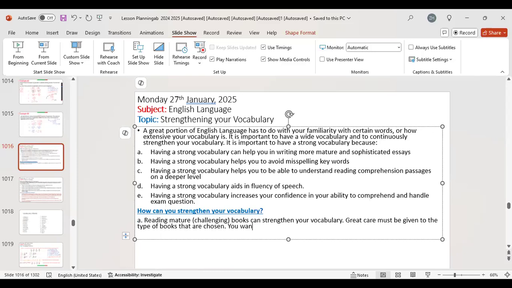You want to choose books that challenge you and expose you to words that you are not familiar with.